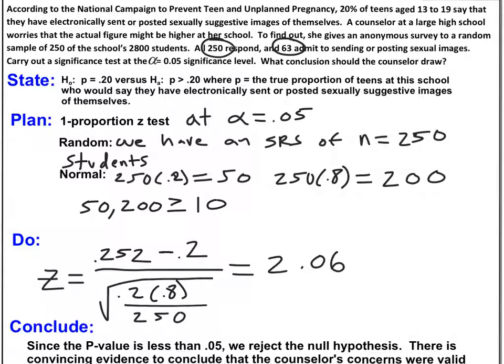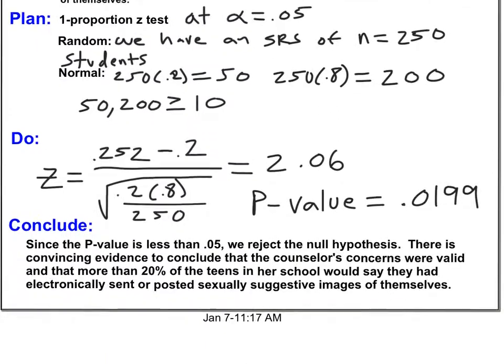Okay. If that were the case, we're like 2 standard deviations above the mean. There's our p-value of 0.0199.